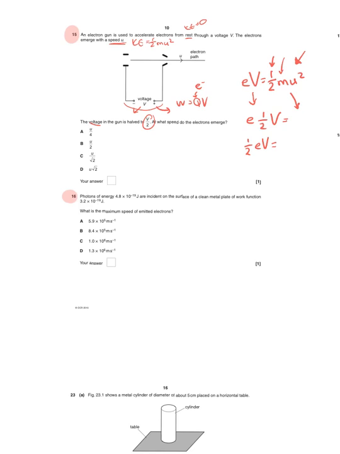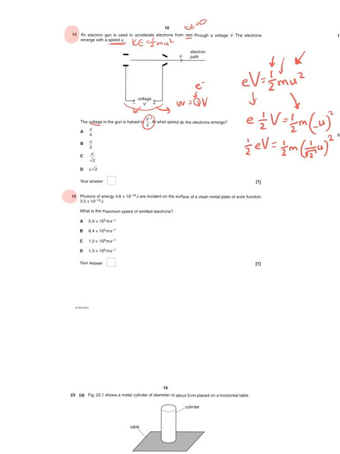I can't change the mass of an electron either. It is fixed. So these two numbers remain constant, but that means that this will have an effect on the speed. So there needs to be something in front of the speed here to take into account that I halved the voltage. And in this case, it will be 1 over square root of 2 u squared.